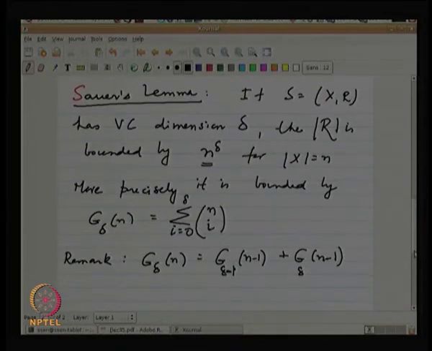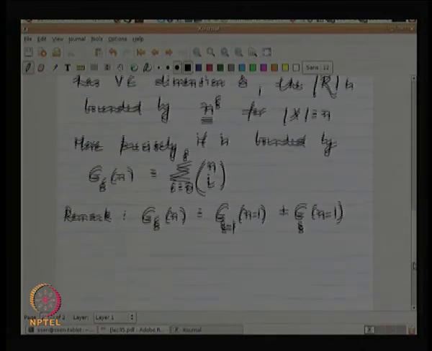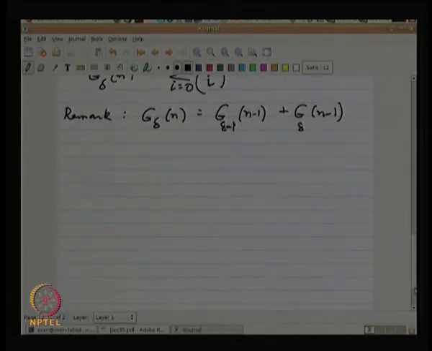Okay. So, this is called Sauer's lemma. How do you prove it? You prove by induction. I will not write the induction statement, proof by induction on delta and n.